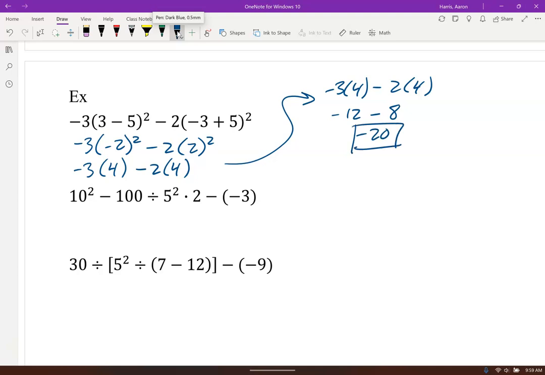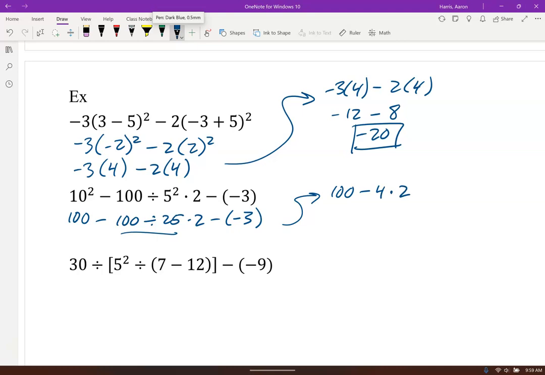Okay. Next one, notice we don't have any parentheses to simplify, so I'm going to go to my exponents. 10 squared is 100. 5 squared is 25. Now I'm going to do multiplication, division, left to right. So 100 divided by 25 is 4.